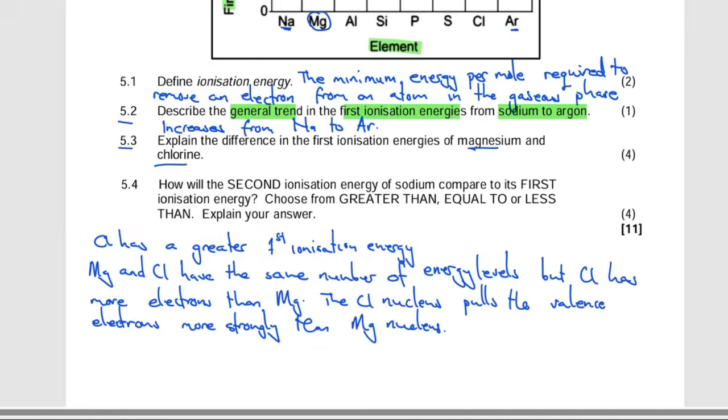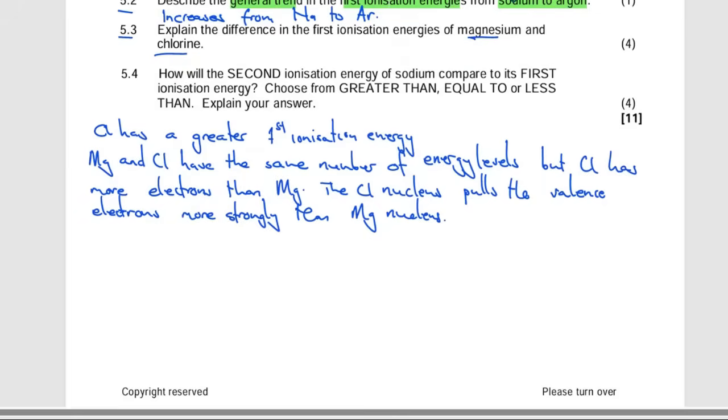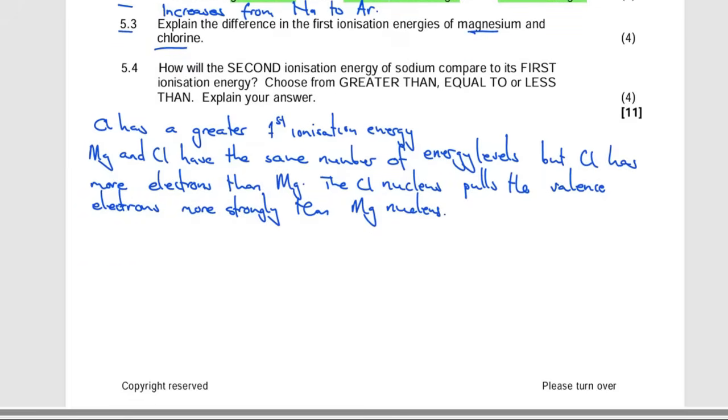Because of that, that's why we're having those differences in the first ionization energies. So that was our 5.3.